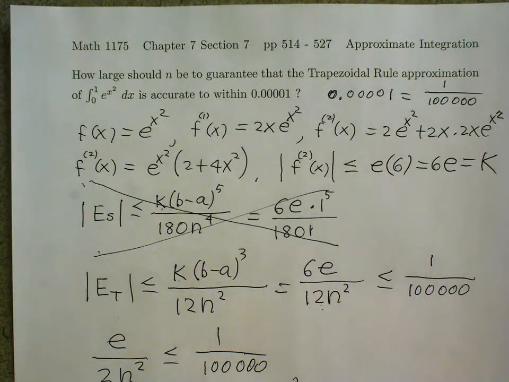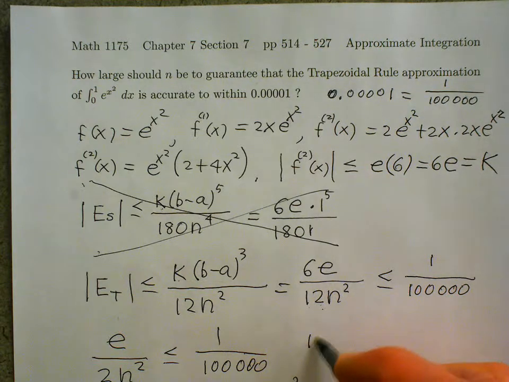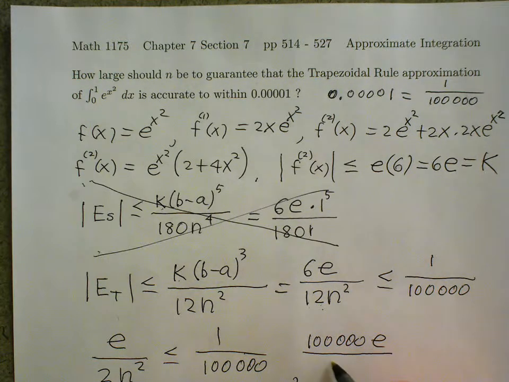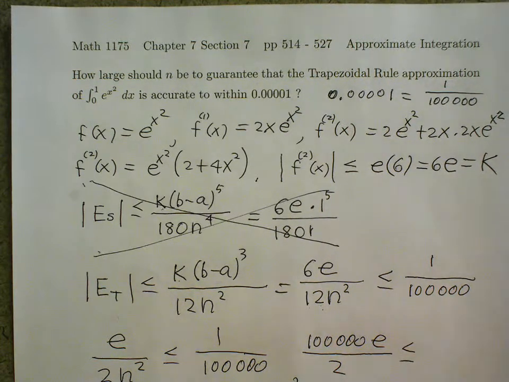And if we multiply both sides by 100,000 and also multiply both sides by n to the second, we'll get 100,000 times e over 2 is less than or equal to n to the second.